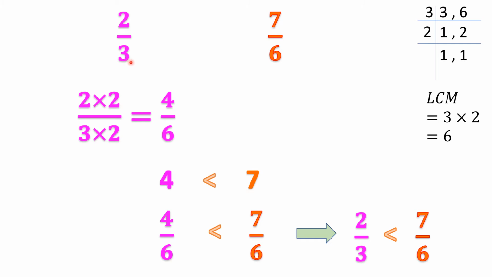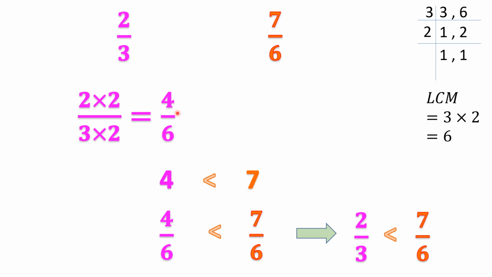Definitely for 3 to become 6, I should multiply 3 by 2, right? If I multiply by 2 in the denominator, then definitely I have to do the same thing in the numerator also. So denominator and numerator both I multiplied by 2 in order to make this denominator 6. So therefore 3 into 2, 6, and 2 into 2, 4, right?